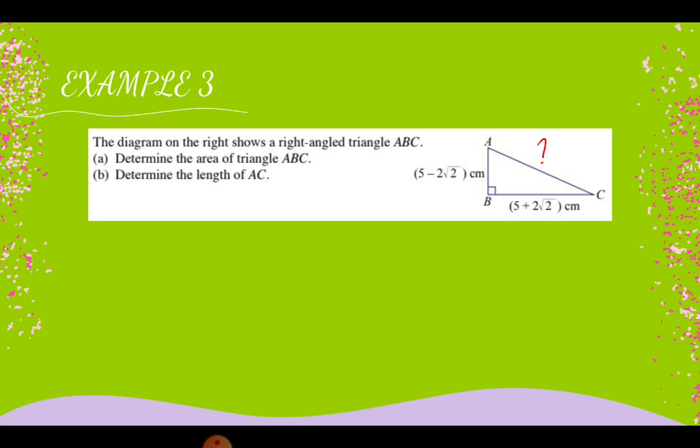So of course, we are going to use Pythagoras theorem, which states that c squared equals a squared plus b squared, or hypotenuse equals square root of a squared minus b squared.